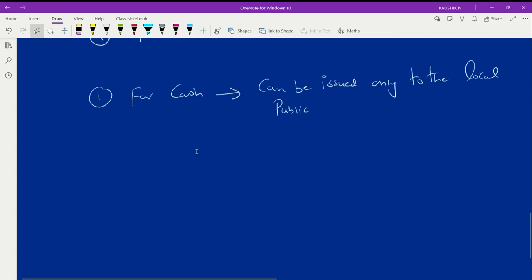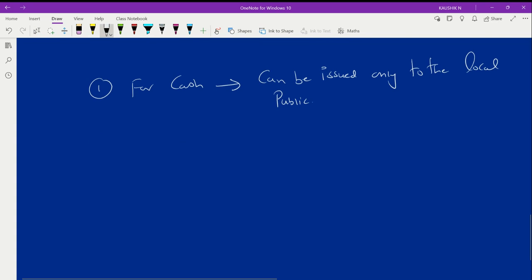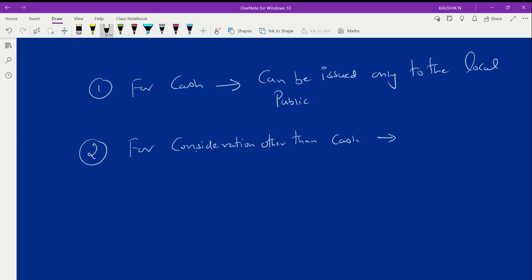First, we'll come to the second category. The second category is for consideration other than cash. In this you have got three different members, so here it is not one person.